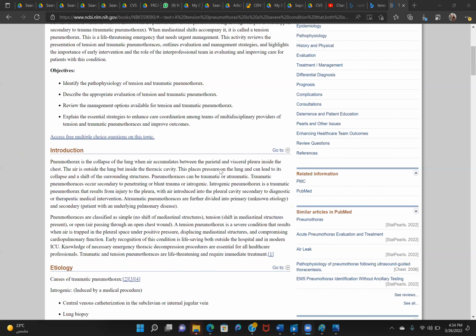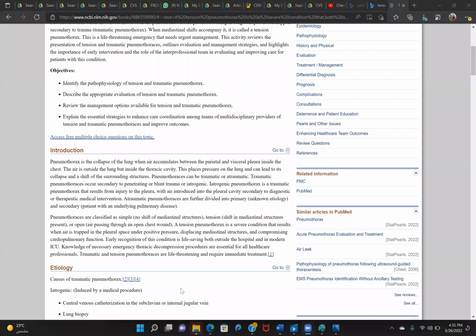Usually, what will be the features on inspection? There may be signs of respiratory distress. Okay. You can have deviation of the airway, like the trachea, to the other side. What else? There will be hyperresonance and no breath sounds.